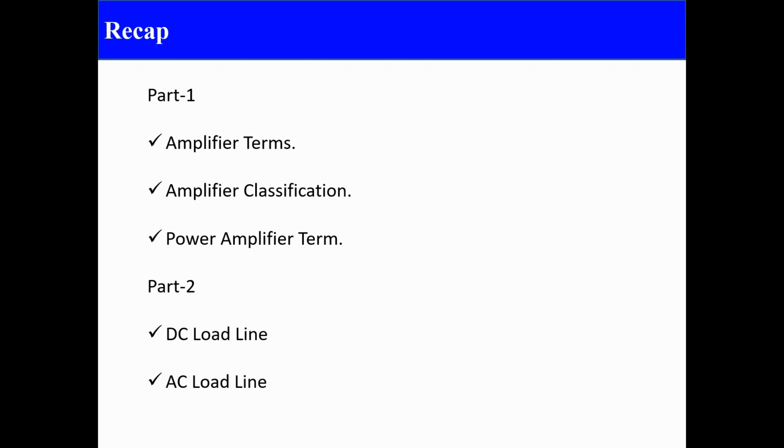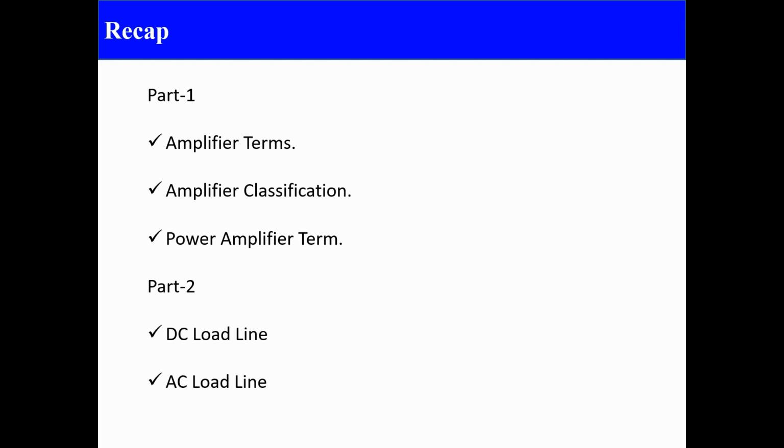Then in part 2 we discussed DC load line and AC load line, how to plot these load lines and how to find the maximum peak and maximum peak to peak output voltage without distortion. All these topics we discussed in the previous two videos.